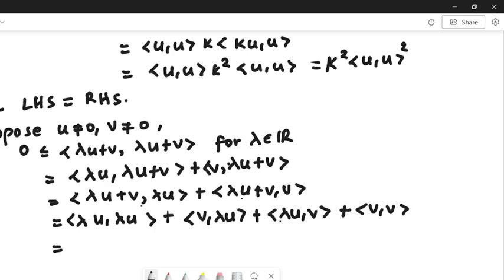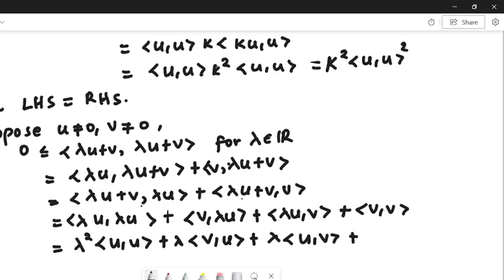All these lambda u terms, if you follow those axioms, you're going to get lambda squared times the inner product of uu. This one is lambda vu. Here you're getting lambda uv plus vv.